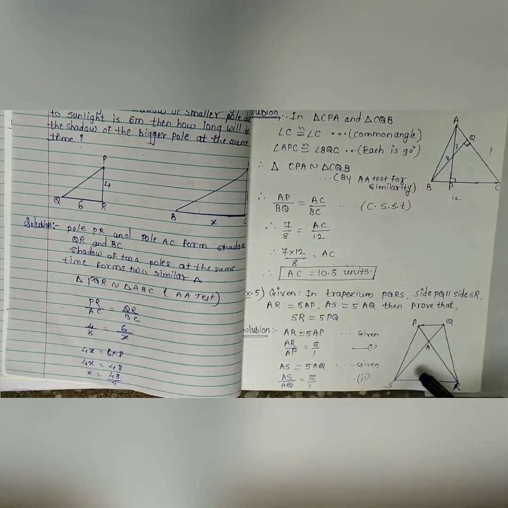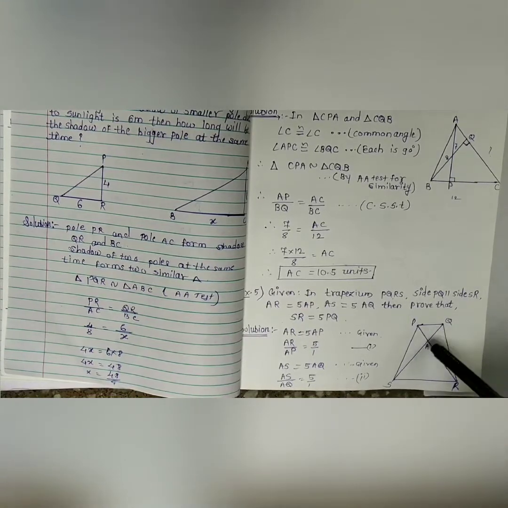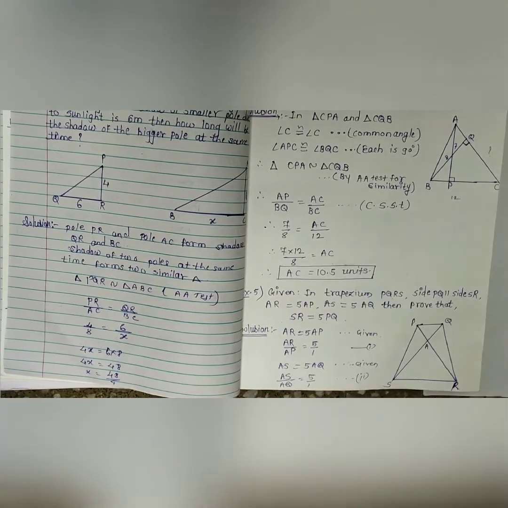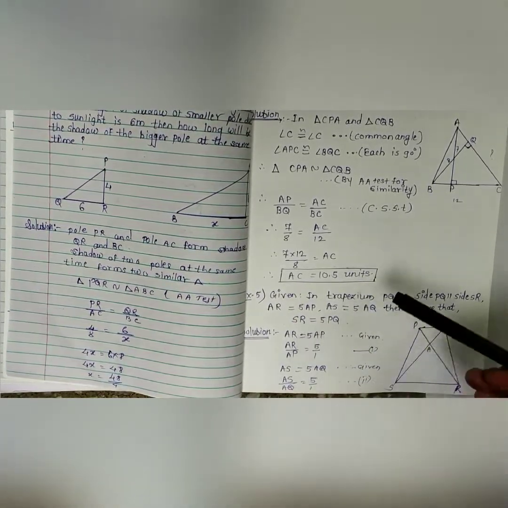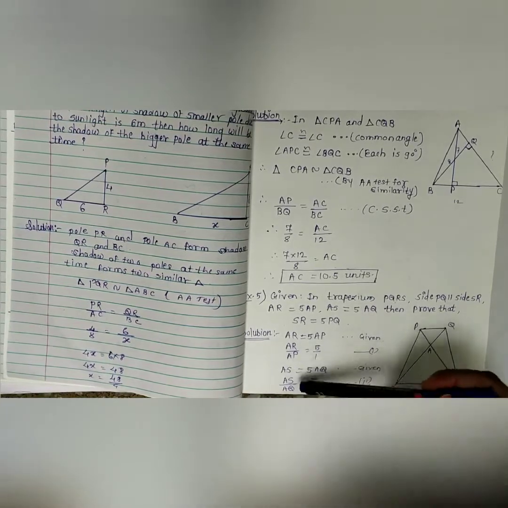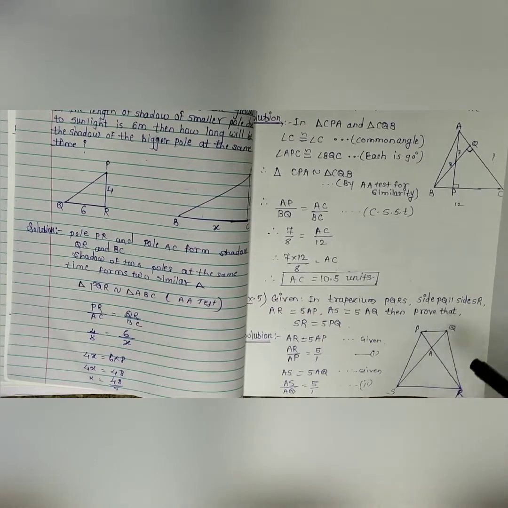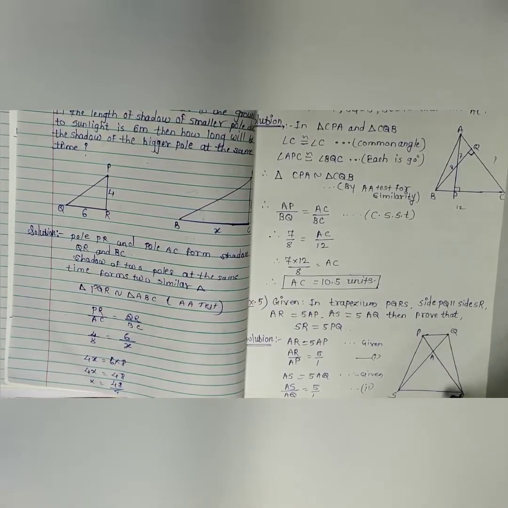See the figure: angle SAR and angle PAQ are vertically opposite angles. These two sides, AR upon AP and AS upon AQ, are in proportion, and also angle PAQ and angle SAR are vertically opposite angles.